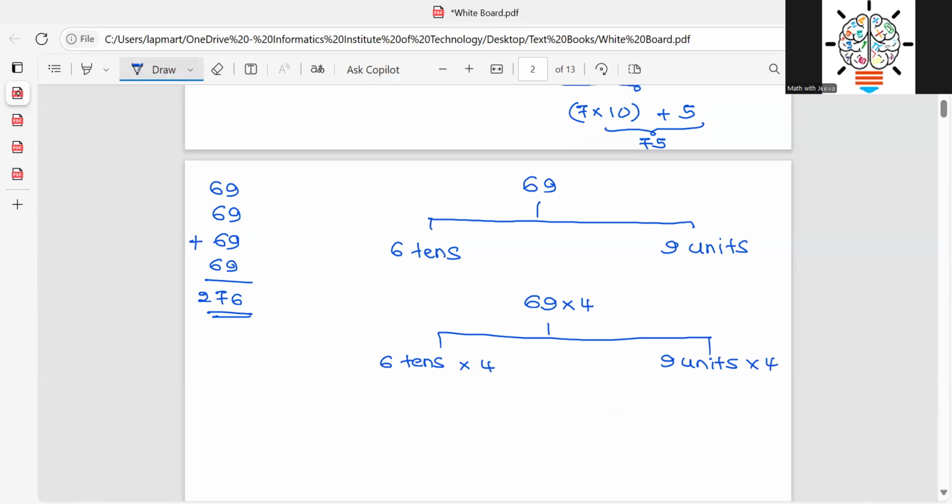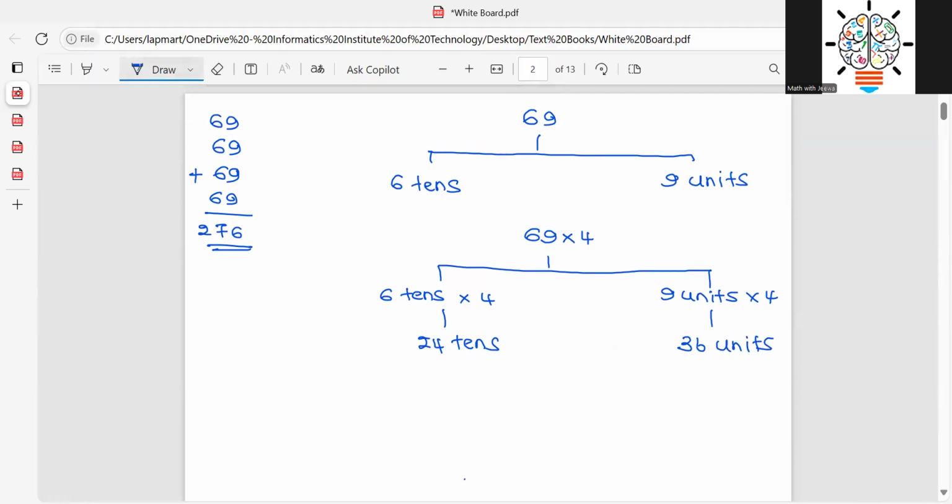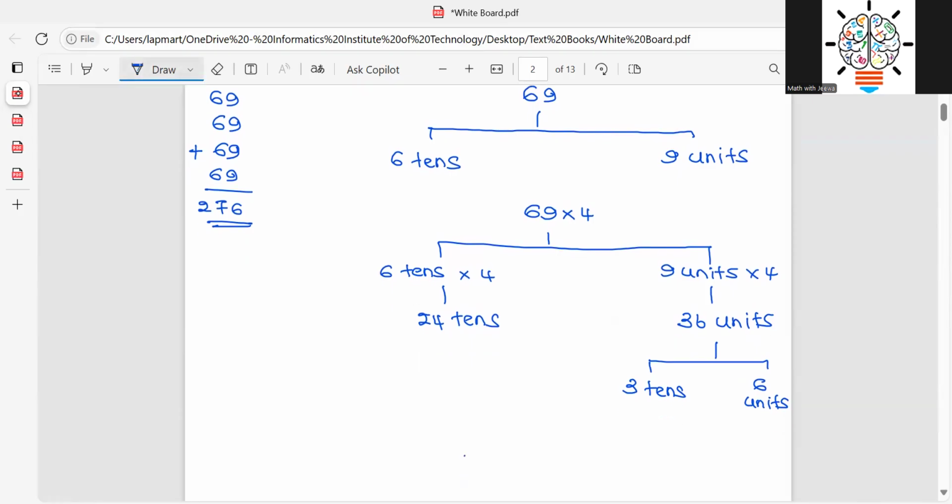It gives me 24 tens, and here it gives me 36 units. Okay, these 36 units I can write in a different way. How? I can write 3 tens and 6 units. Then 24 tens and 3 tens.